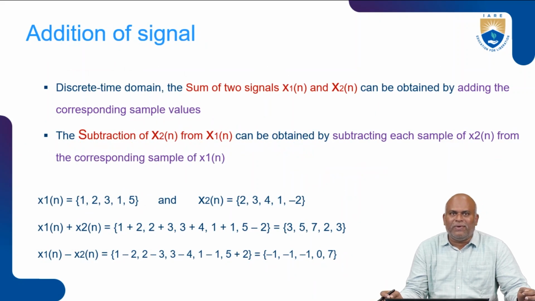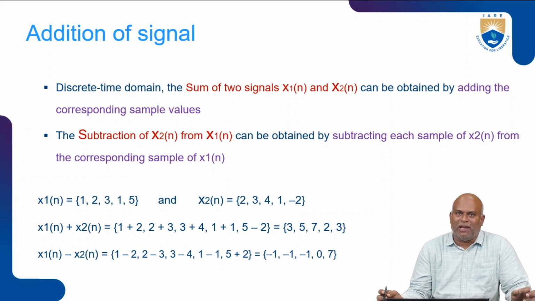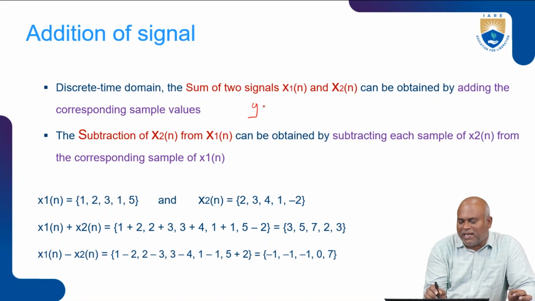Next, we go to the addition of signals. In the discrete time domain, the sum of two signals x1 of n and x2 of n can be obtained by adding the corresponding sample values. So if you need y of n, here I take a discrete time signal.